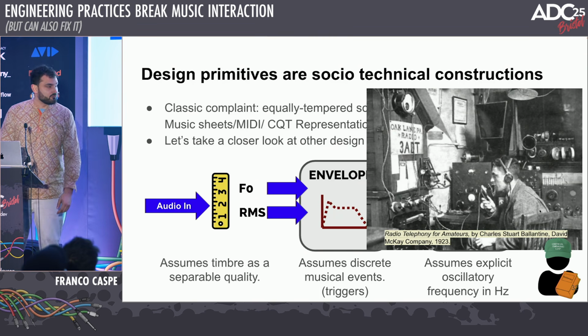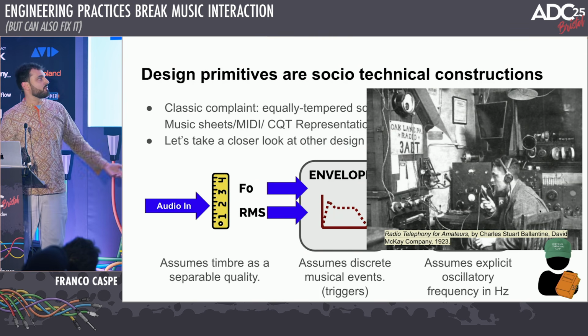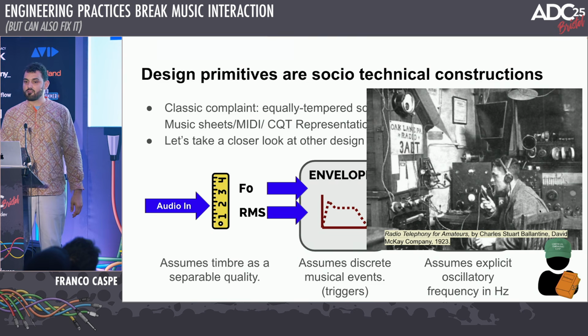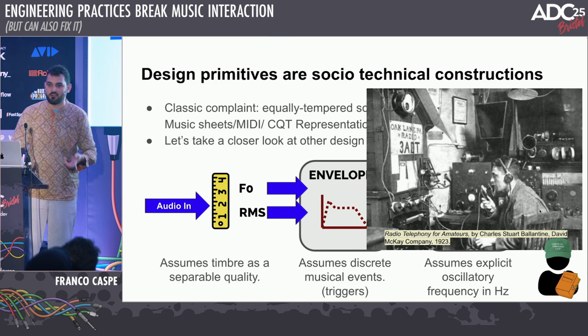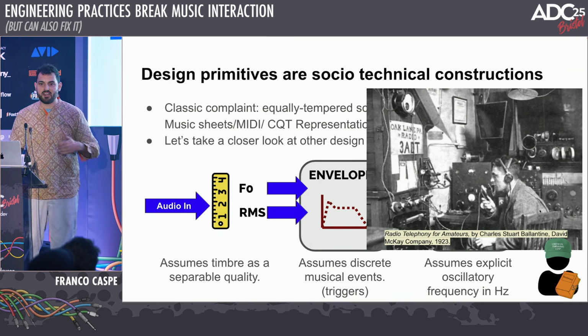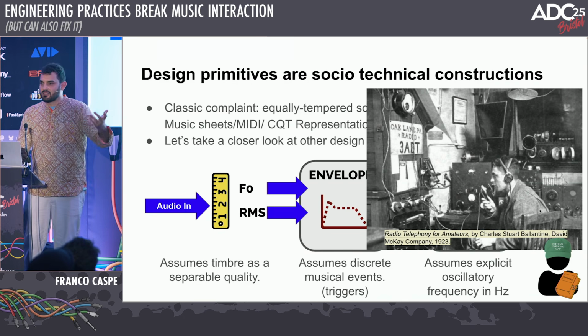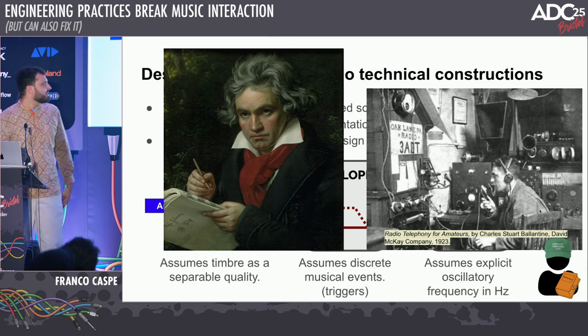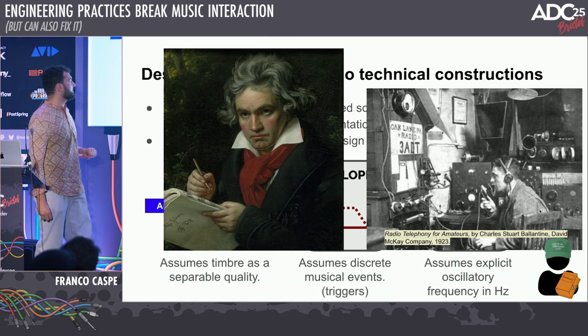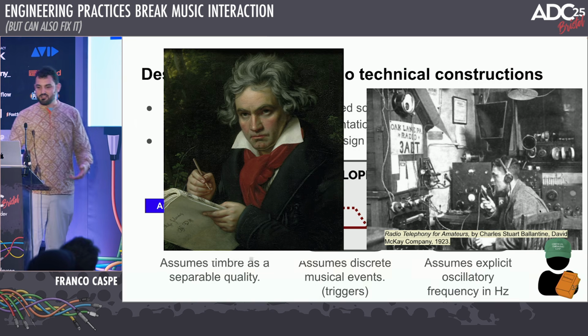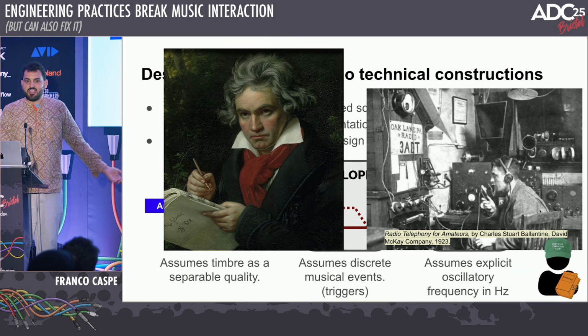So technology is not neutral. Oscillators come from the dawn of communications at the beginning of the 20th century. We needed oscillators with a really certain frequency in order to have a common channel to communicate. And of course, assuming discrete musical events and separating timbre comes from the age of classical music, if you wish, of music writing.